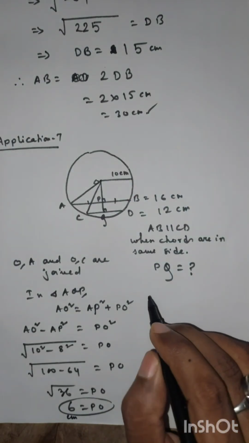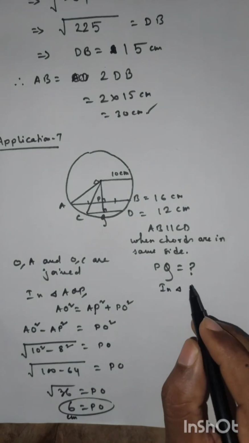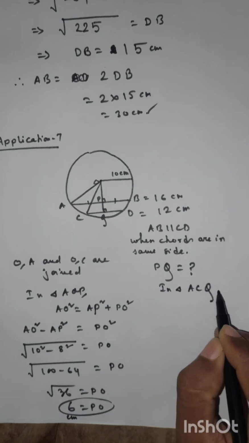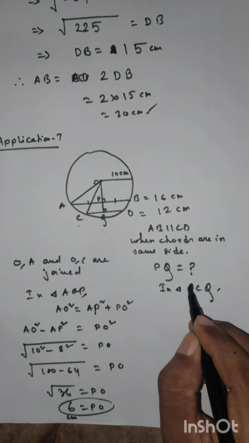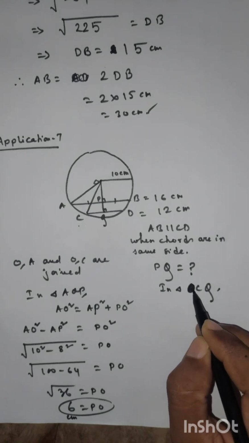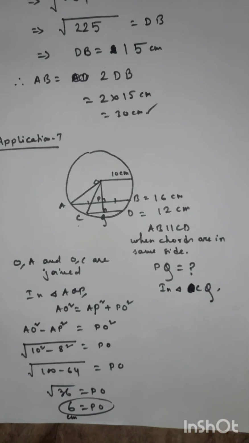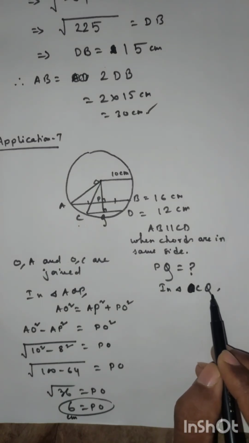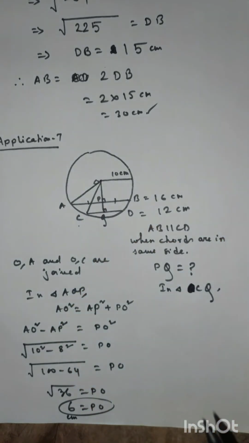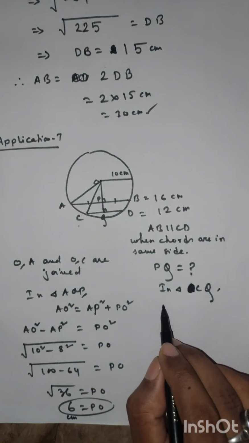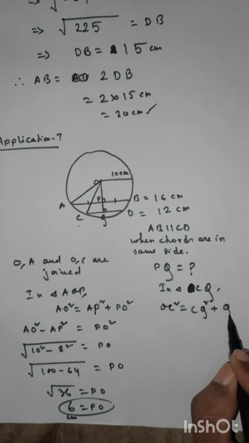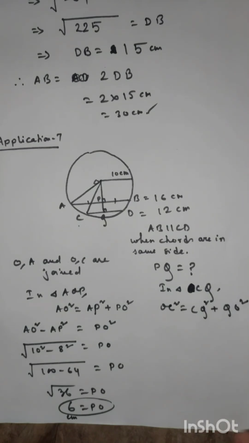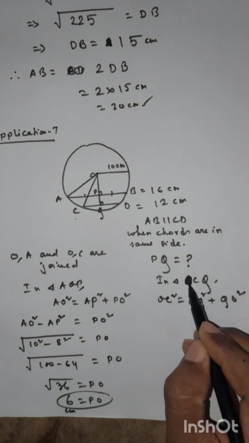Now in triangle OCQ, we can write OC square equal to CQ square plus QO square by Pythagoras.